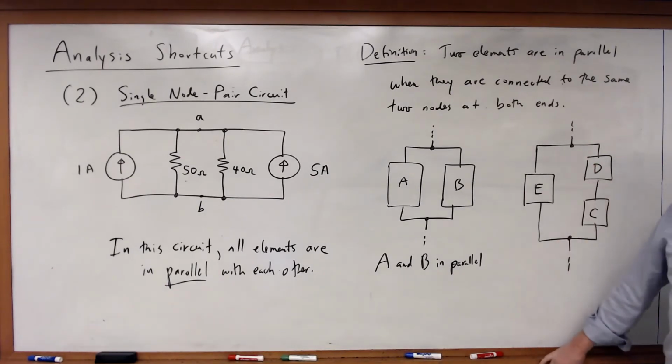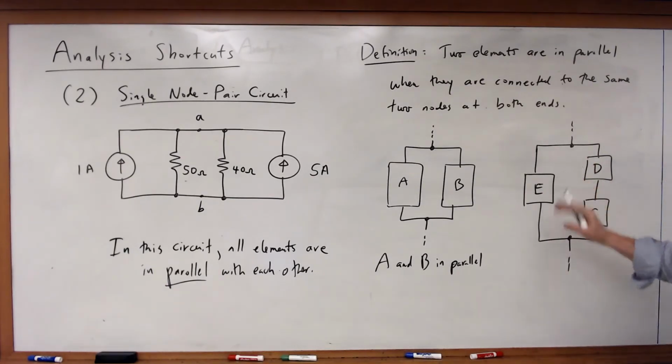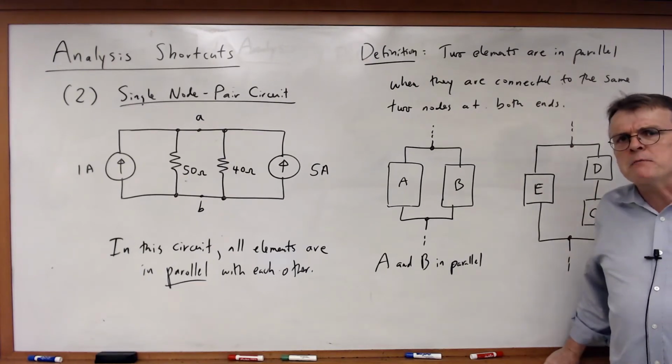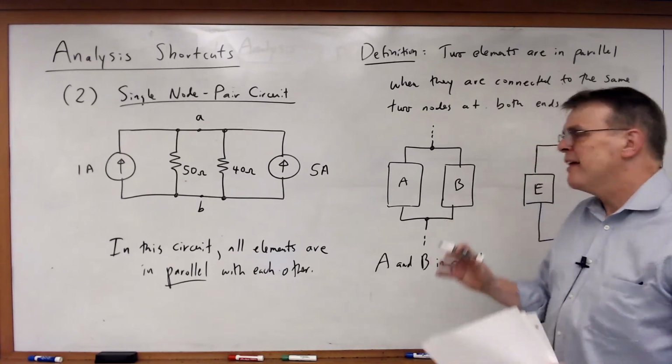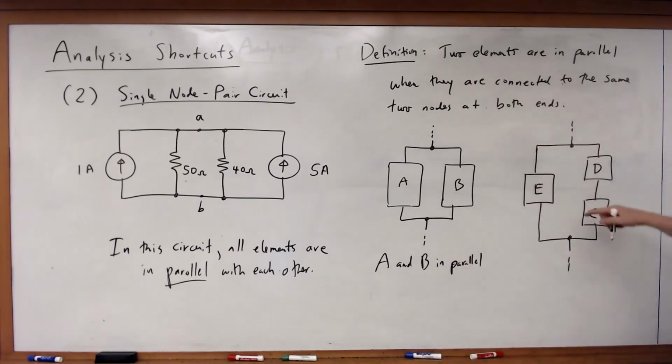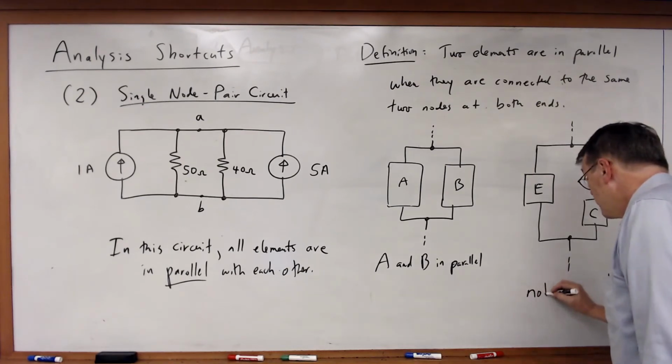Well, some people will look at it and say, well, yeah, Dr. Holman, they're in parallel. They're side by side. No, that doesn't mean parallel. Parallel means not just orientation, but they are connected to the same two nodes. Is E connected to the same two nodes as D? No. On one side it is, not the other. What about C? No. In fact, none of these are in parallel. But note, D and C are in series, but they're definitely not in parallel.